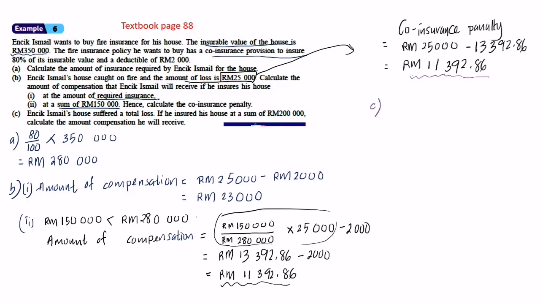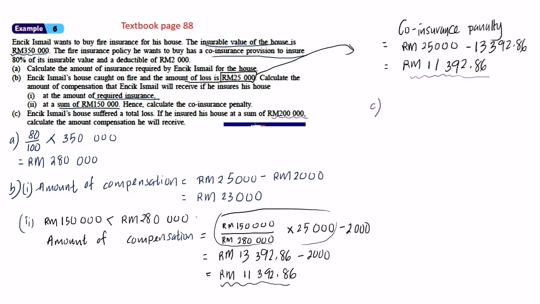Okay, C. If Ismail's house suffered the total loss and he insured his house at the sum of 200,000, calculate the amount of compensation he will receive. For the total loss, the amount is based on the sum insured by Ismail.